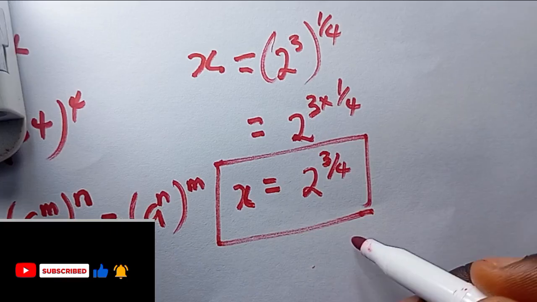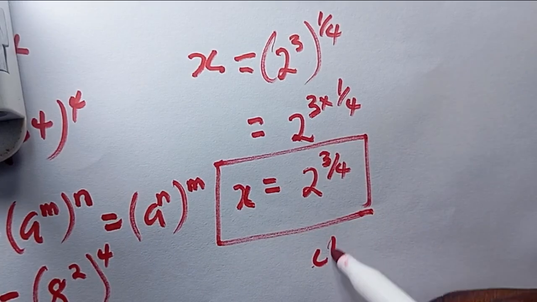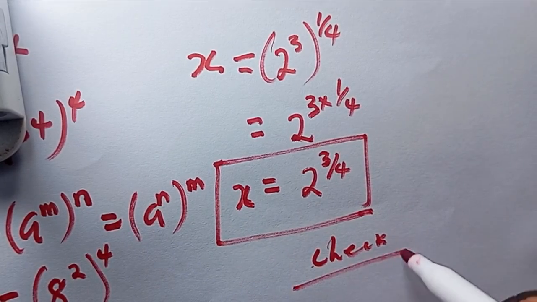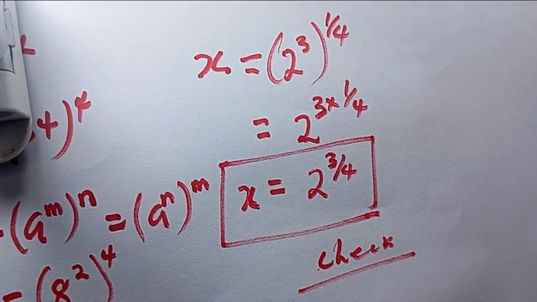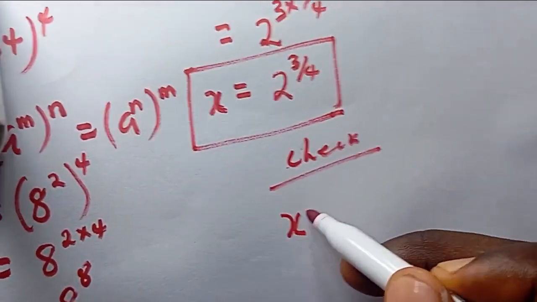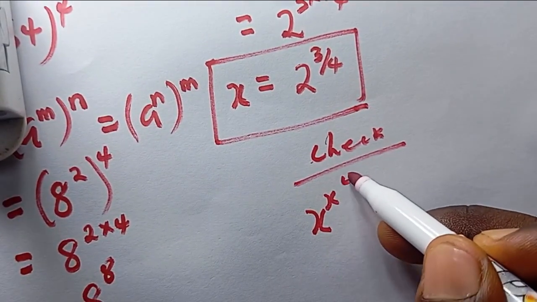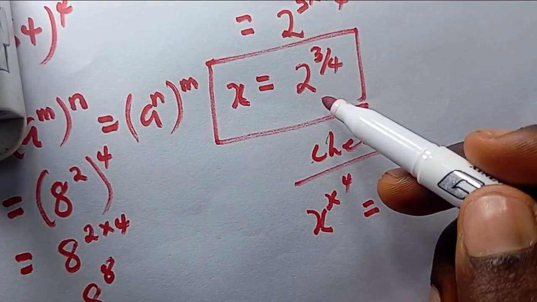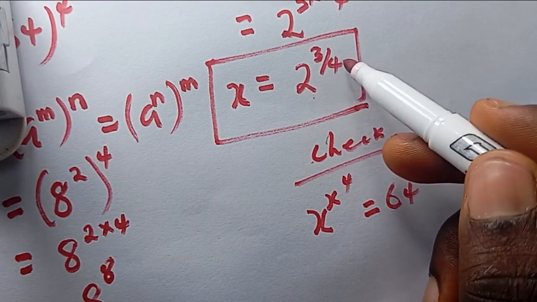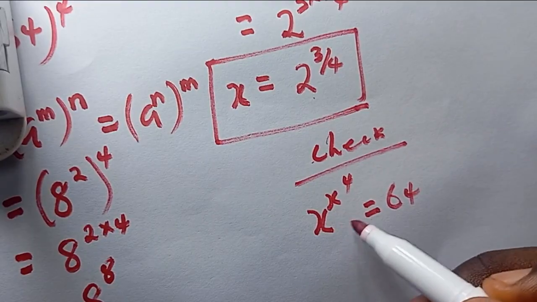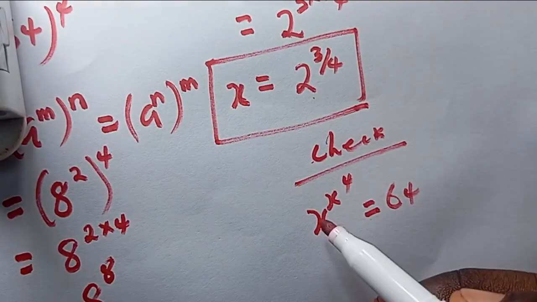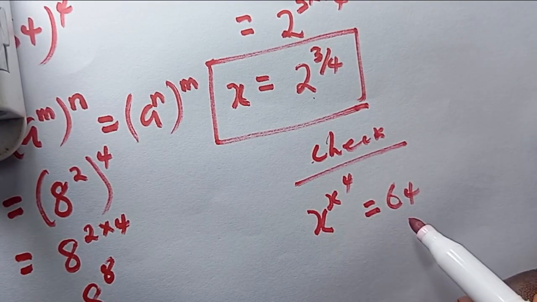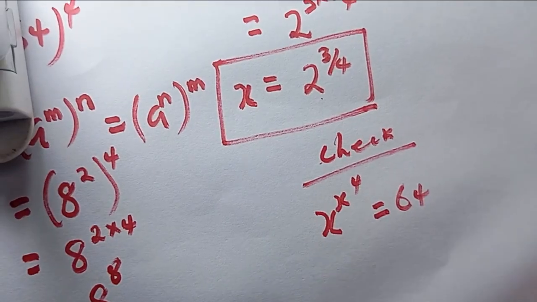So you may just want to go ahead to see if this solution will satisfy the problem we just solved. So what we solved is x power 4 is equal to 64. So we want to put 2 power 3 divided by 4 in this question to see whether the left hand side will actually give us 64.